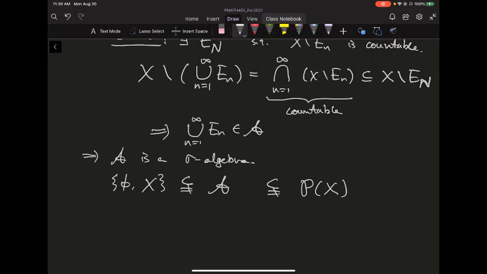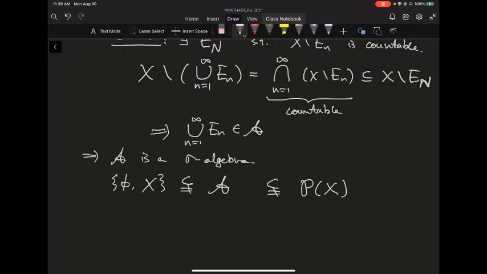That uncountable set is certainly not co-countable, so it's not in A. So the power set of X contains strictly more sets. Here we have a non-trivial example of a sigma algebra that's neither the smallest nor the largest.